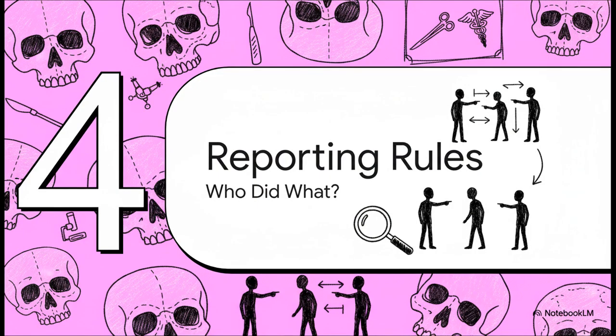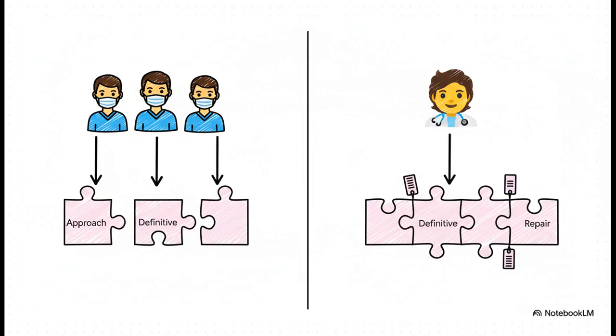Okay, so we have our 3 puzzle pieces: approach, definitive, and repair. Now, how do we put them all together on a claim? Well, it all comes down to answering one simple question. Who did what? You're going to see 2 main scenarios. First, if you have multiple surgeons, it's actually pretty simple. Each surgeon bills only for the part they personally performed.